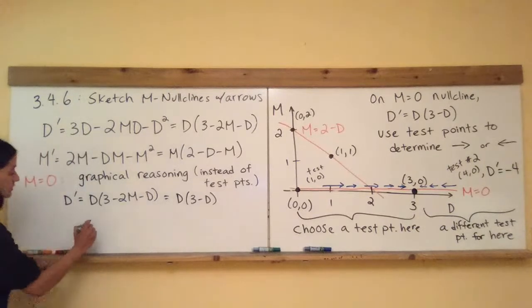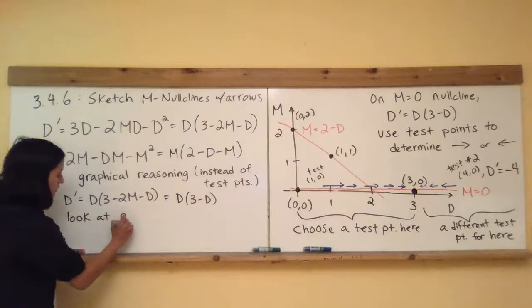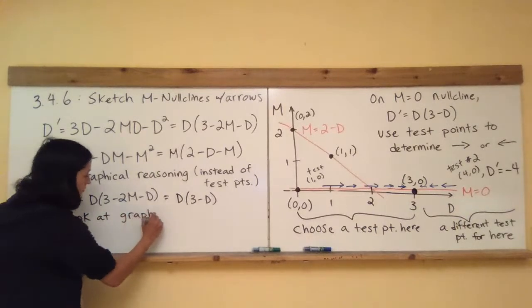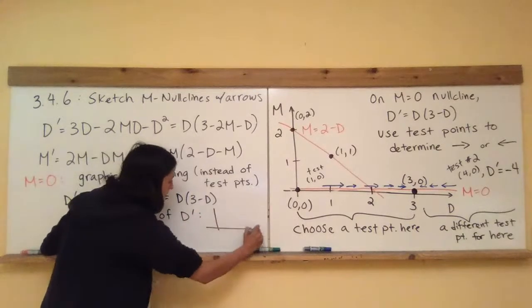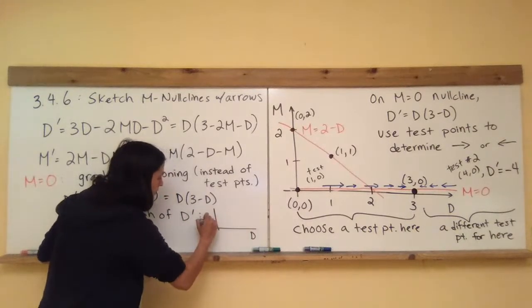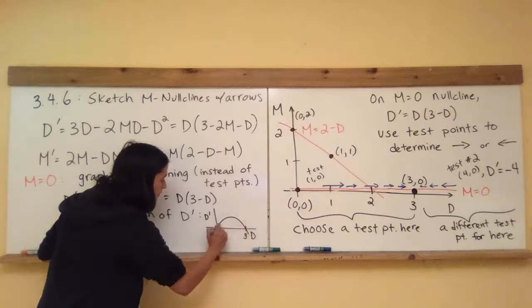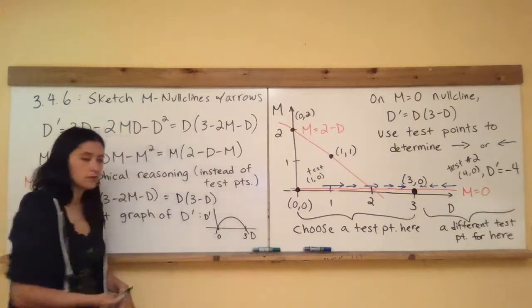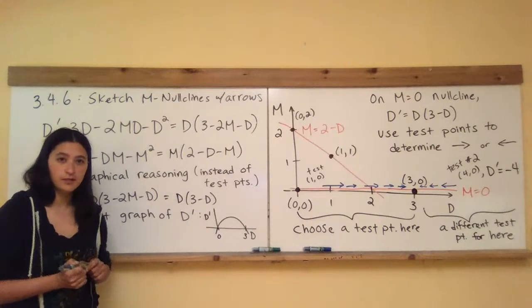Okay, so what I'm saying is, if I looked at a graph of d prime, it's going to look like this. It's a function of d, here's d prime, and it's a down-facing parabola with its roots at 0 and 3. Okay? That's what I drew on the board in my other videos.